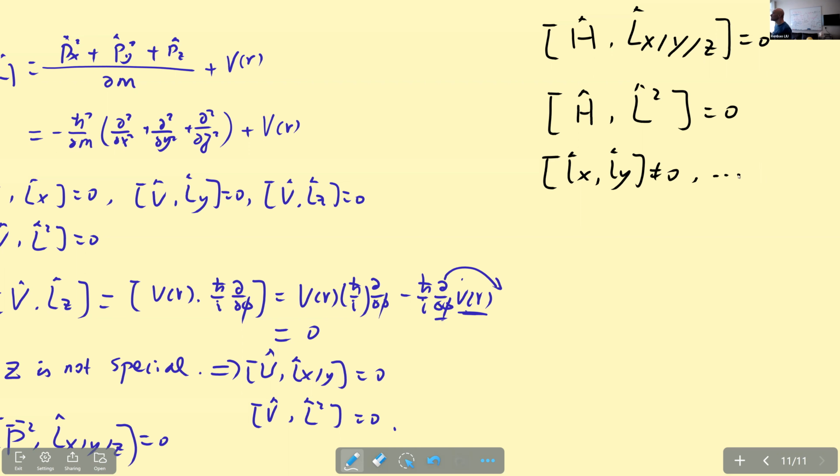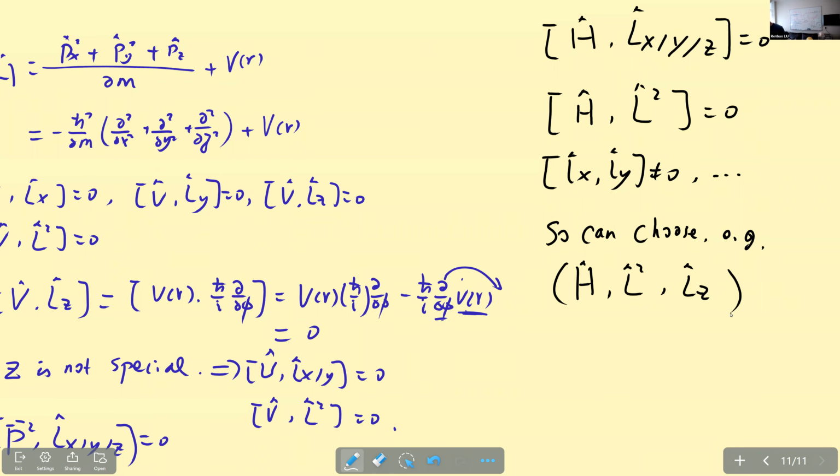So this means we can choose H, L squared, and Lz eigenstates simultaneously.